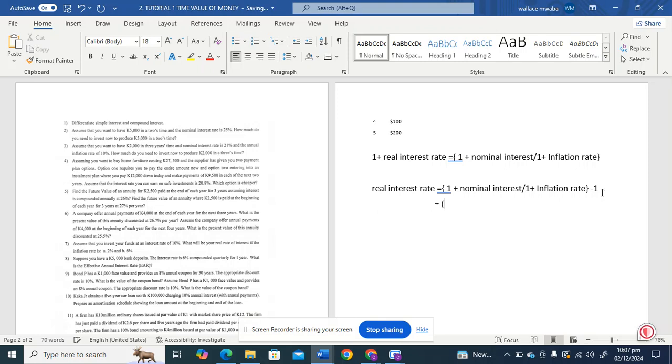In the question, it was 10%. So it's 1 plus 10%, which in decimal form is 0.1, divided by 1 plus the inflation rate. At first, the inflation rate is 2%. So divide by 1 plus 0.02, minus 1.